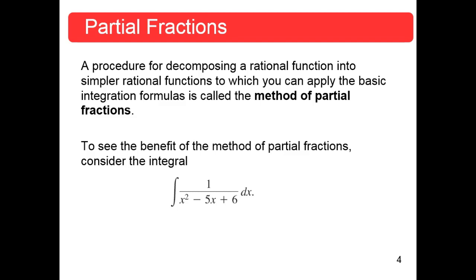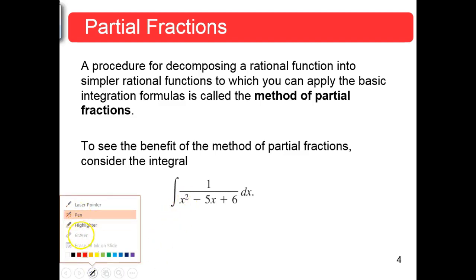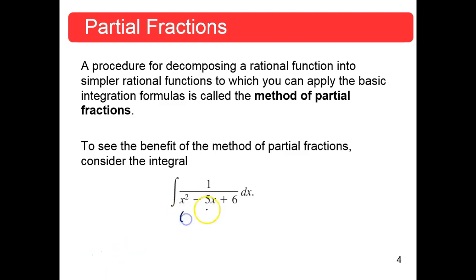So let's just see. What if you had a problem like that? Can you think of a technique that would work, that we've done so far? That sounds like a good thing to do to begin with: factor that integrand, especially that denominator. And what would that give you if you factored it? This would be x minus 3 times x minus 2.